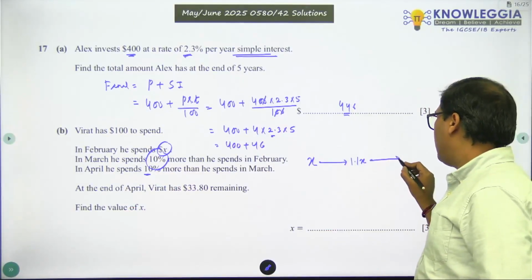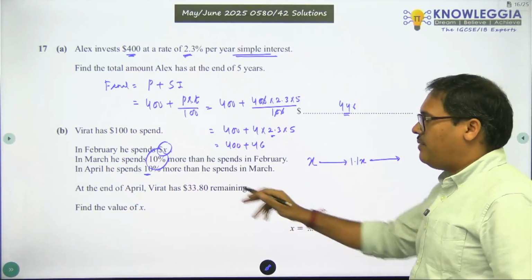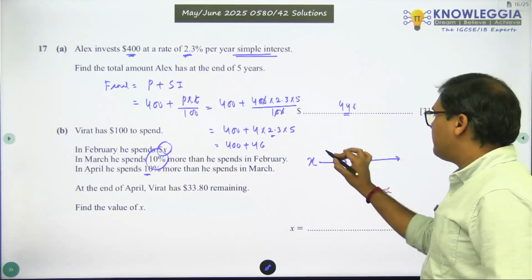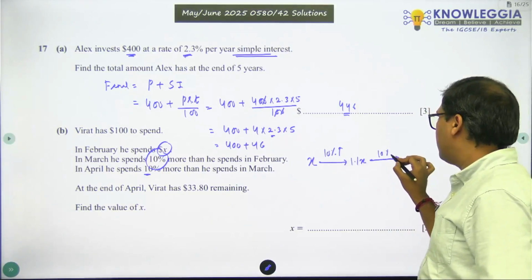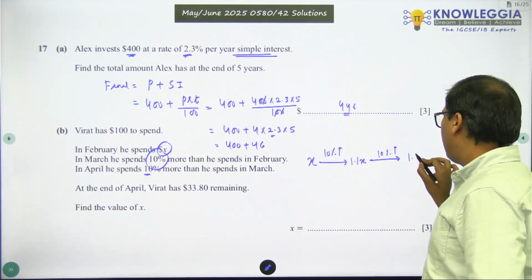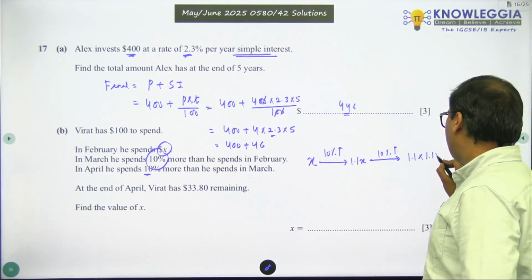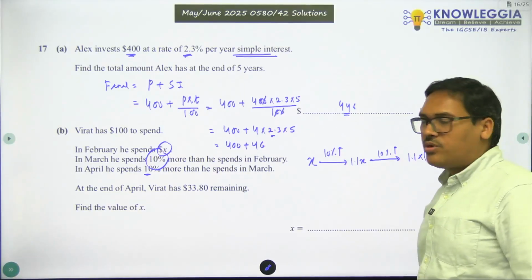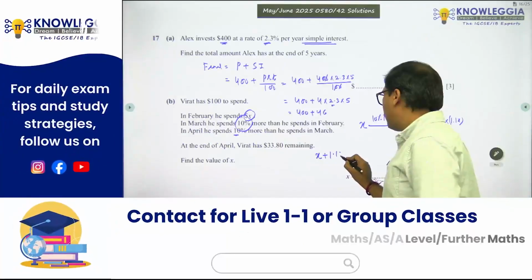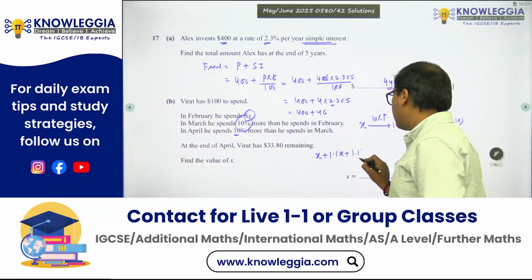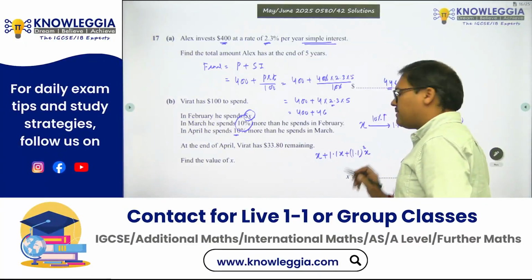And in April, this is again a 10% increase, so we will multiply 1.1 with 1.1x. So what is the total amount spent? This is x plus 1.1x plus 1.1 square x.